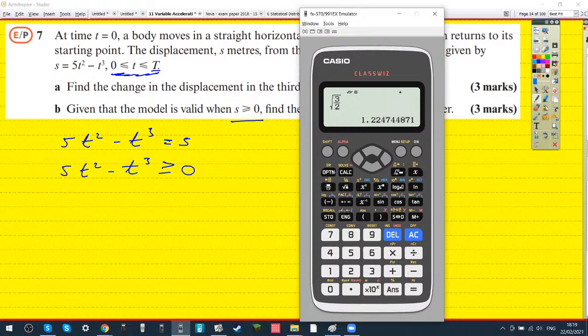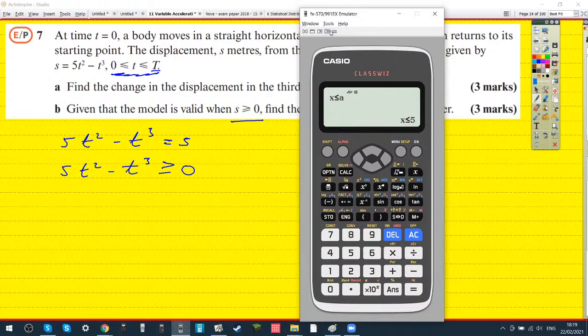There you go. This is cubic. Inequality. I got t is smaller or equals to 5.